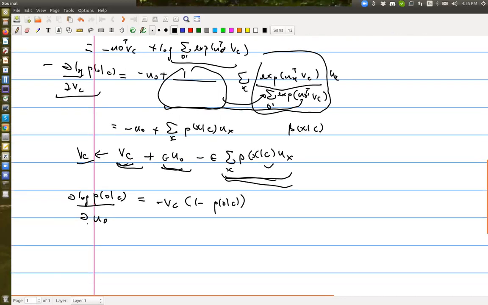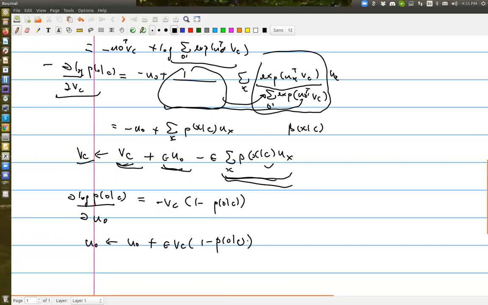Again, using a steepest descent update, I should update U_O as U_O plus epsilon V_C times (1 minus P(O given C)).